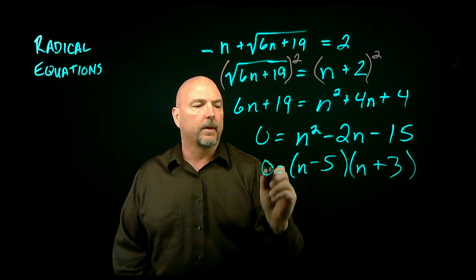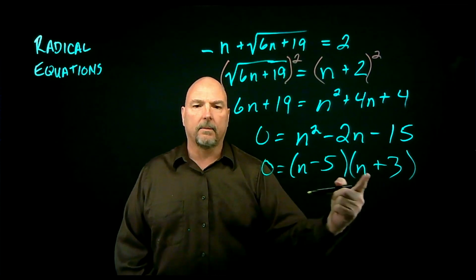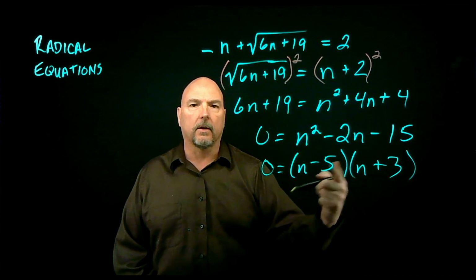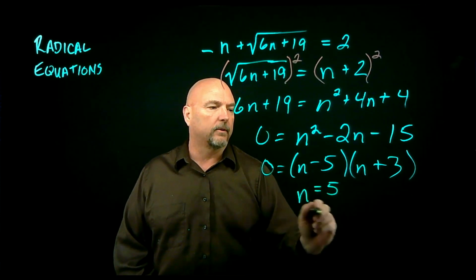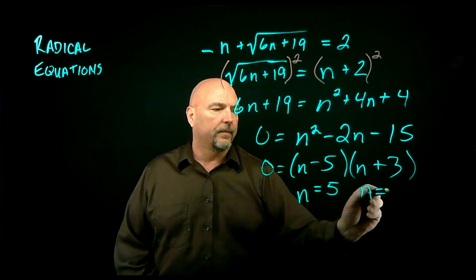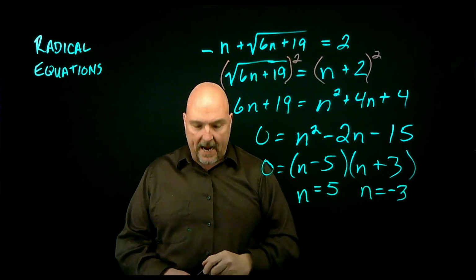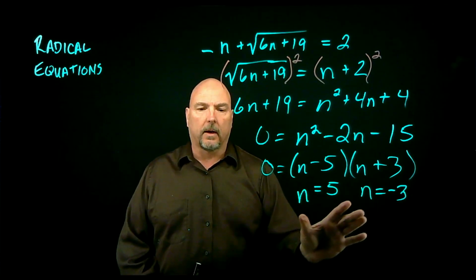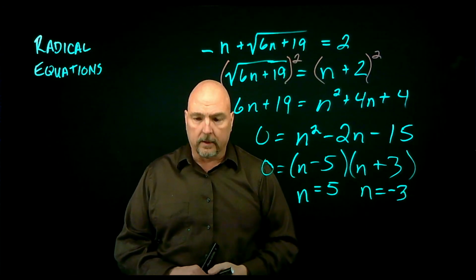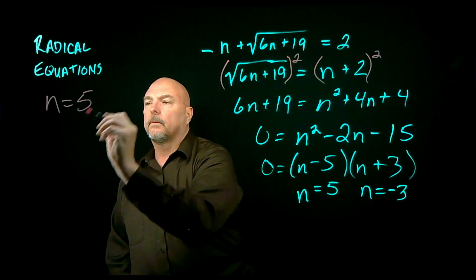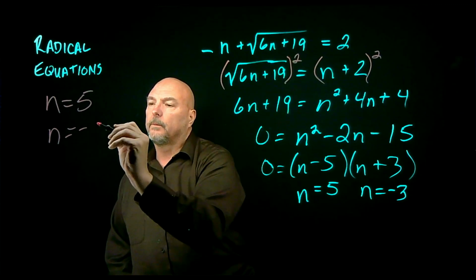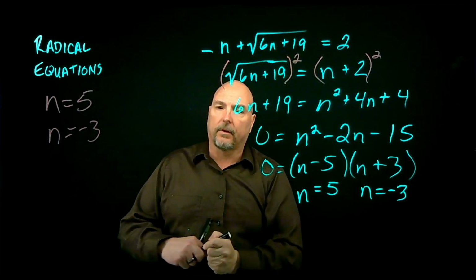If this times that equals 0, either this is 0 or that is 0. So if this one is 0, then n equals 5. And if that is 0, then n equals negative 3. So that's the first part. We have what we think are some solutions, so I'm going to write those down over here: positive 5 and negative 3.